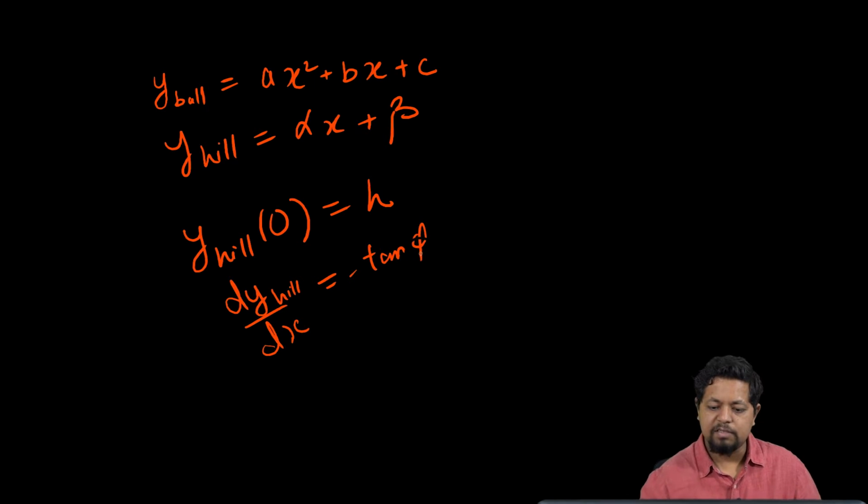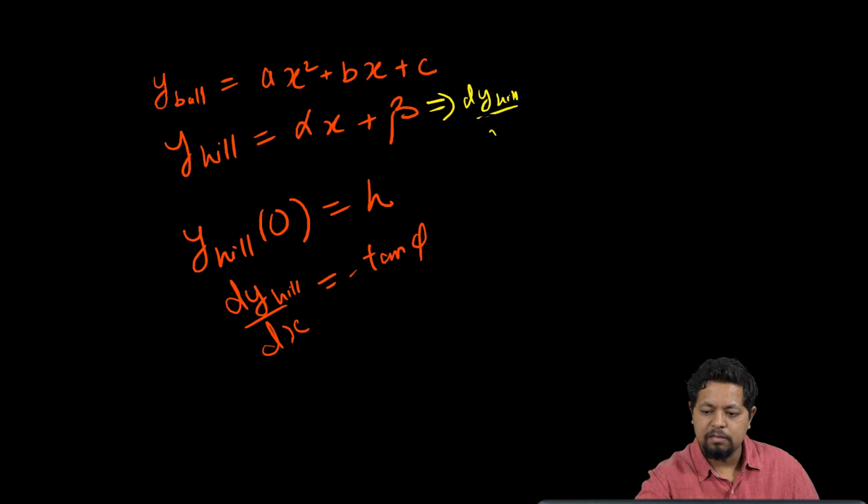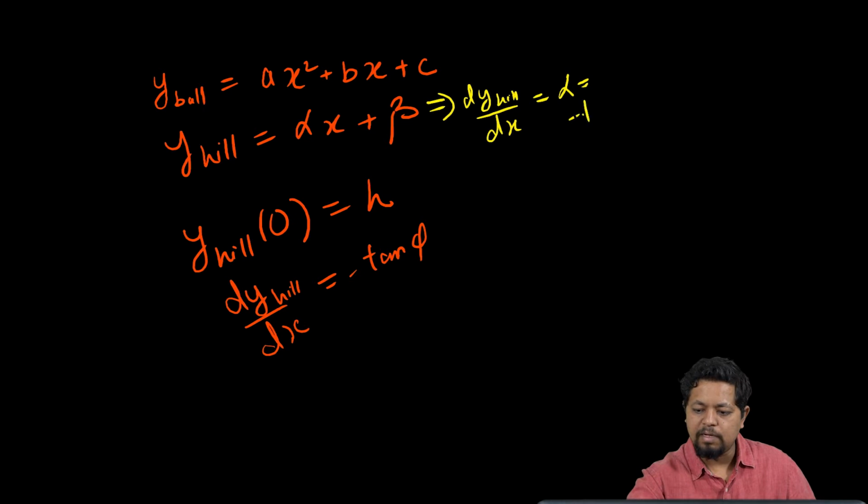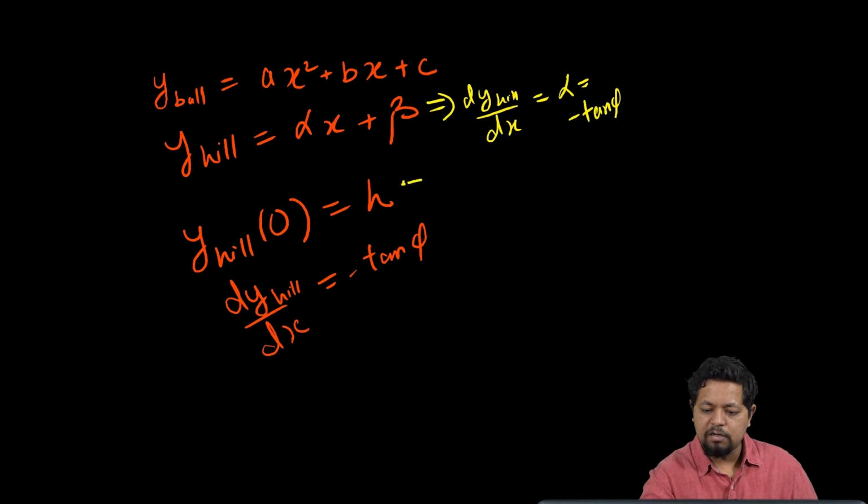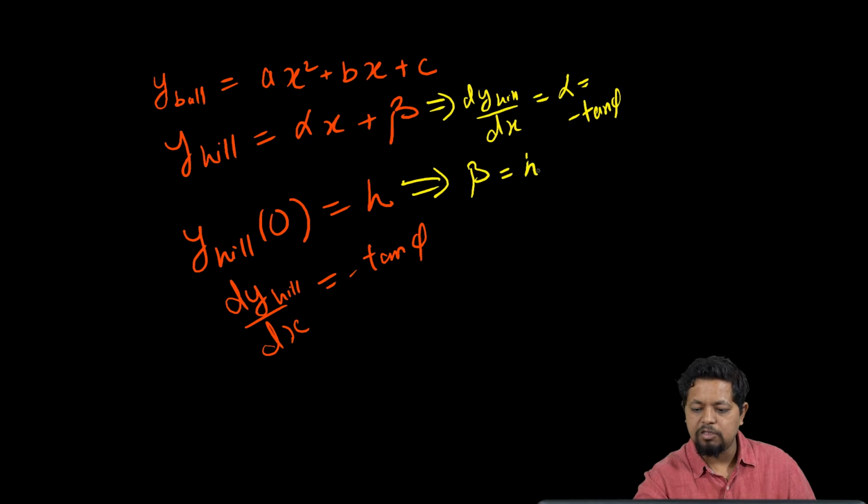We can go ahead and fix alpha and beta first. Using this, we can calculate dy hill by dx, and that is just alpha, which must be equal to minus tangent of phi. From the condition y hill equal to h, that means beta is equal to h.